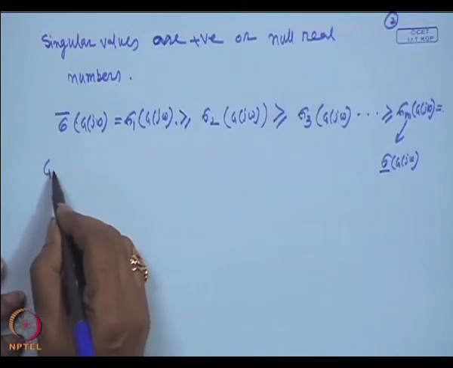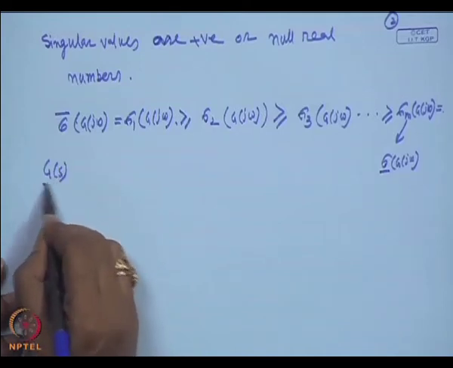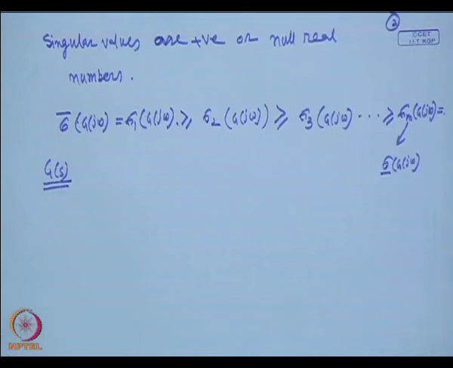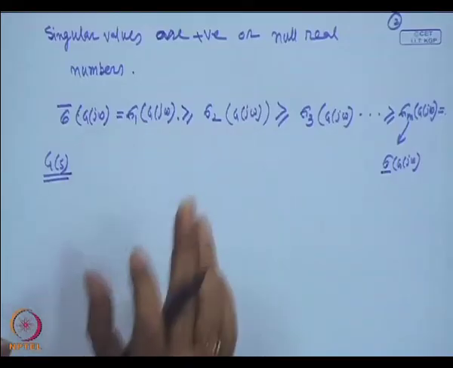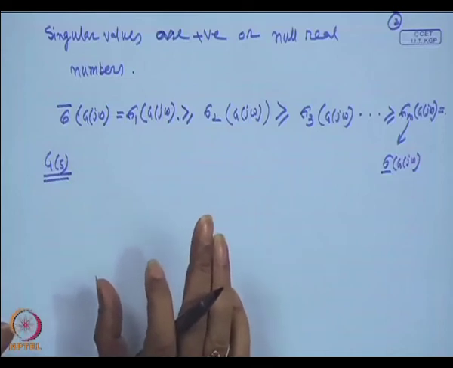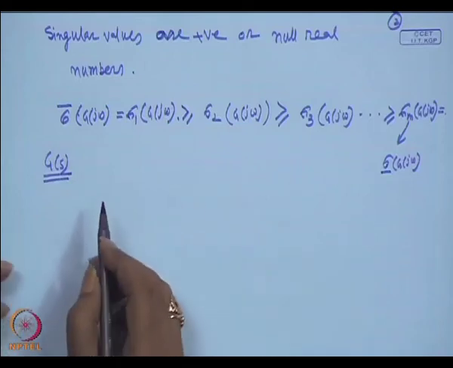Now, as we are talking about the system G(s), what does it mean that the singular values of G(j omega) have a physical interpretation? What is that physical interpretation?